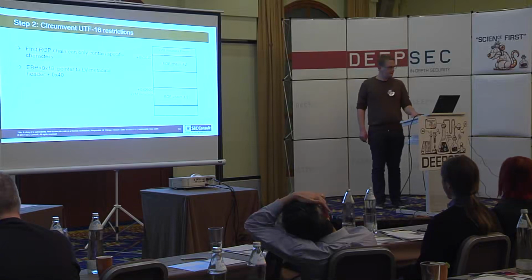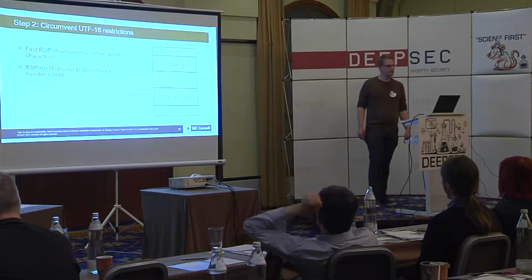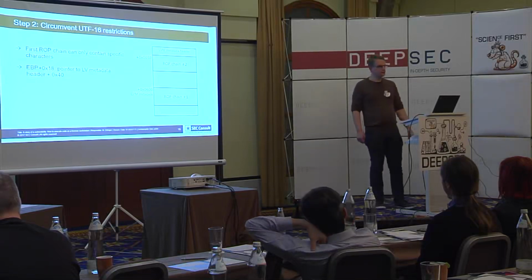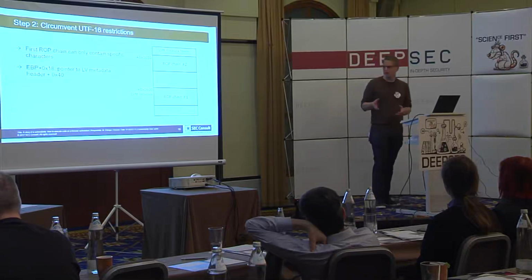And then we use our first ROP chain to circumvent the UTF-16 restrictions. As you can imagine, it's really hard to exploit this vulnerability by only using UTF-16 characters.